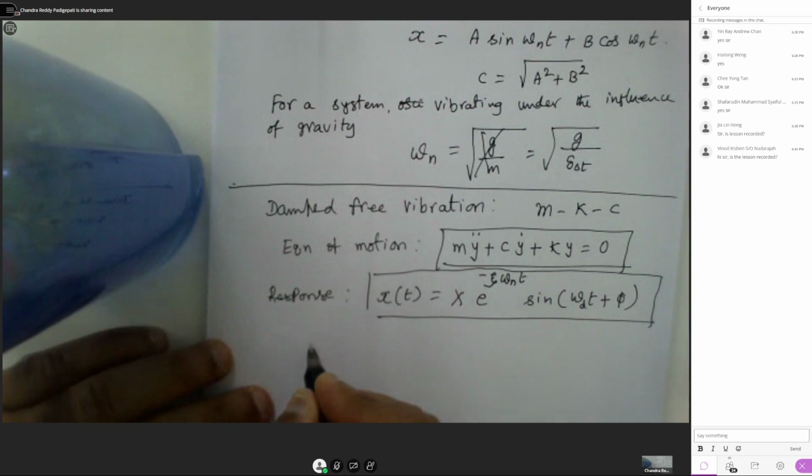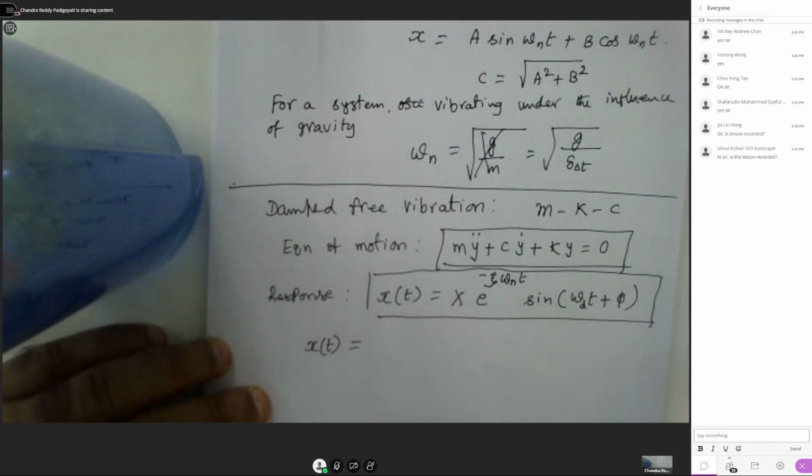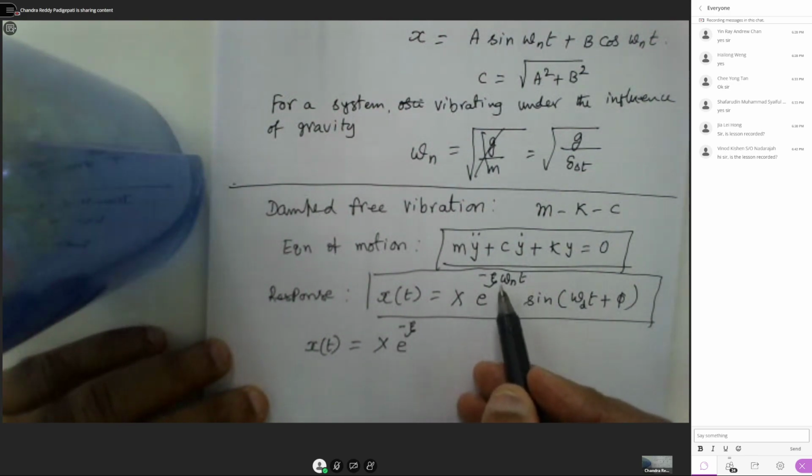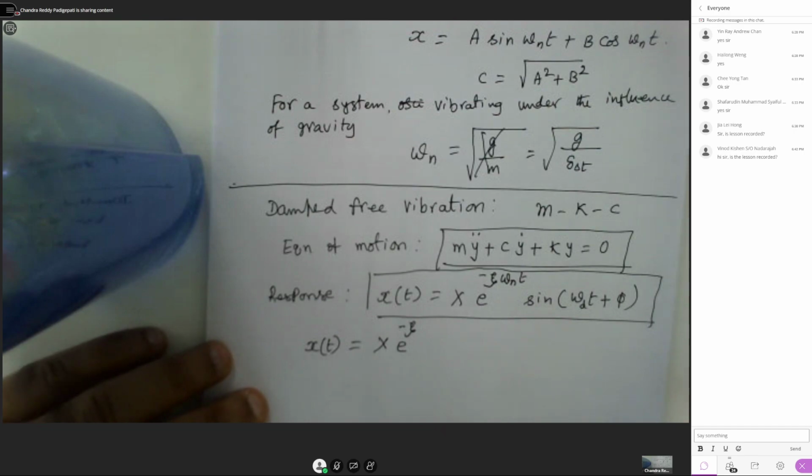We can also write the response in a slightly different form. I'll just show you. We can write it including both cosine and sine terms: the maximum amplitude x multiplied by exponential power minus eta omega n t, times a cos omega d t plus another constant b sine omega d t.